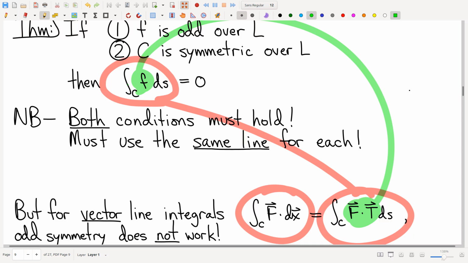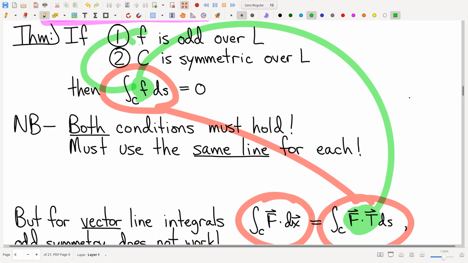And if F dot T, namely your integrand there, is odd, then you're good to go. So short version, turn your vector line integral into a scalar line integral first, and if that satisfies odd symmetry, then you're in business. Okay. Everybody happy? Okay. All righty.